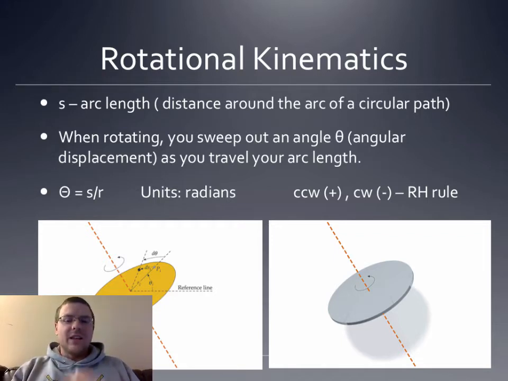With the right hand, you see how your thumb is pointing, curl your fingers in the direction of the rotation, and if that thumb is pointing out towards you, that is a counterclockwise rotation, or positive. If your thumb points inwards towards the page or the board, then we have a clockwise rotation.